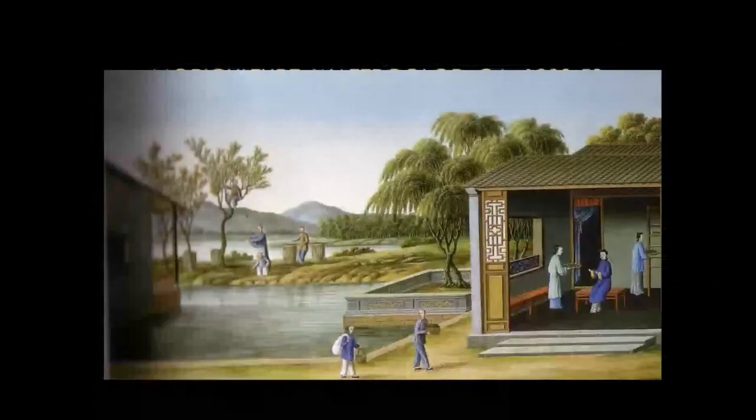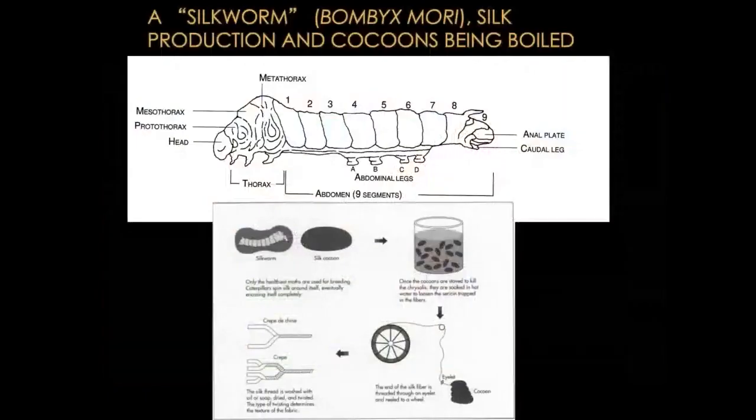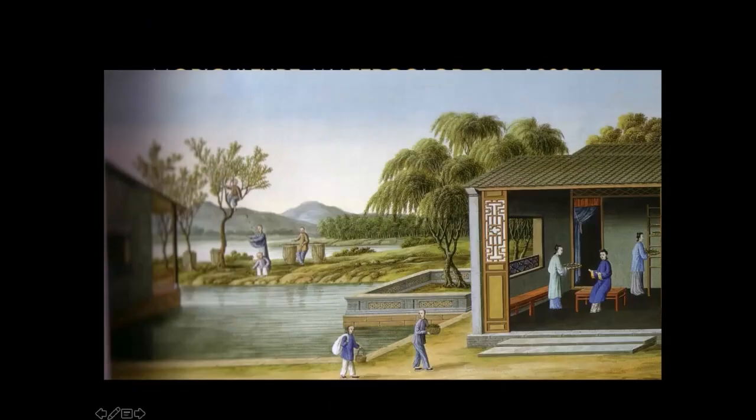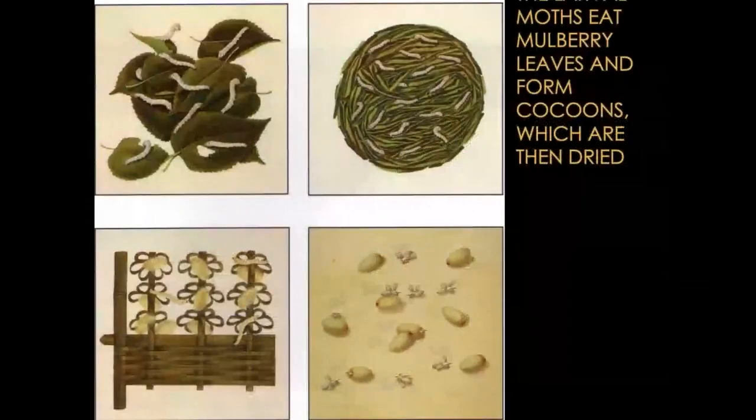And then, so these are Chinese watercolor paintings that show how to cultivate silkworms. So you need many mulberry trees, and you can see all the way in the background, a forest of mulberry trees. You collect leaves, so people bring the leaves home, and then they put the leaf on the top, and then these caterpillars grow and grow, right?